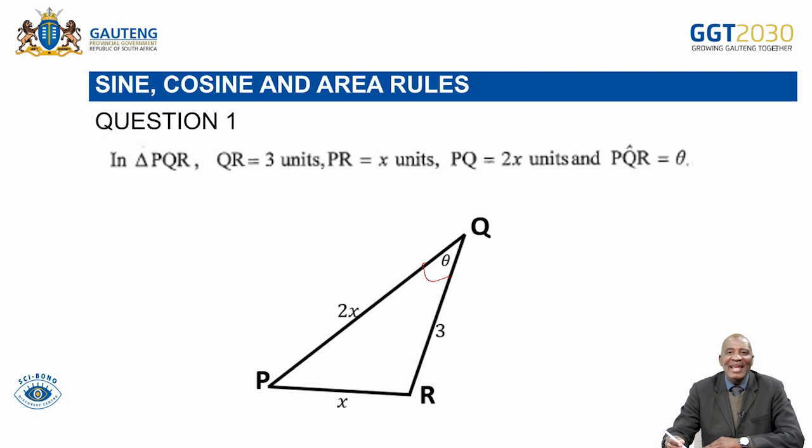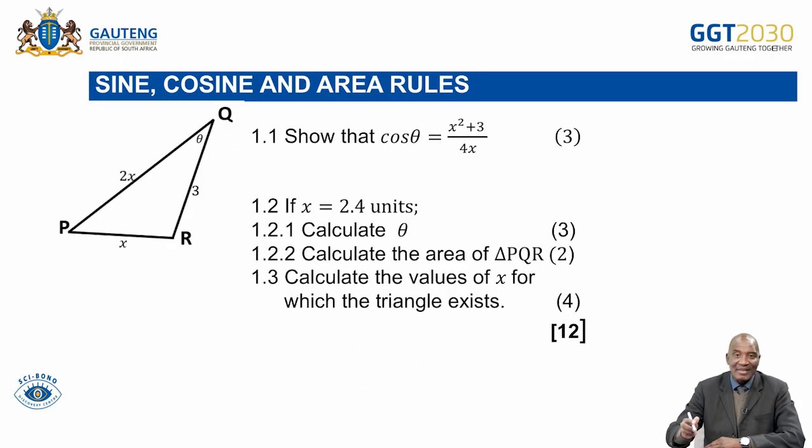Sometimes sides are given algebraically, 2x and x. The examiner decided not to tell us what is the value of x. Chances are high, therefore, that they may as well ask us to find x at some point. It will all depend on the question. The first part of the question says for 3 marks, all in all, this question carried 12 marks: show that cos theta equals x squared plus 3 divided by 4x for 3 marks.